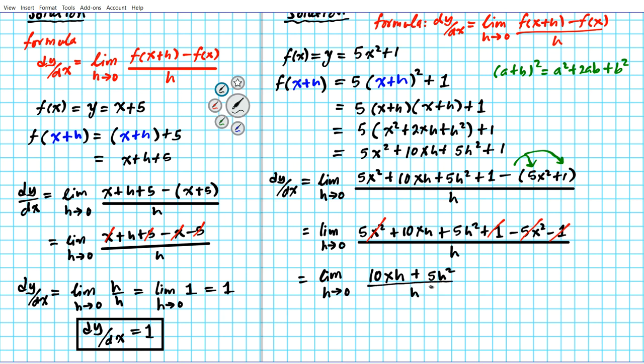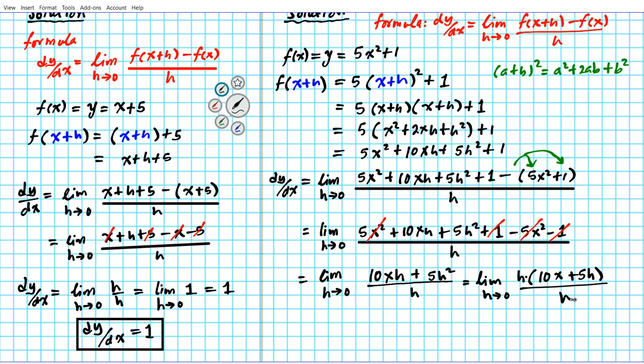Okay, so in the numerator we can see that there's a common factor with these two terms, namely h, so we can pull that out. So the limit as h approaches 0, factor out that h term, and then we're left with 10x plus 5h divided by h. Oh, nice.